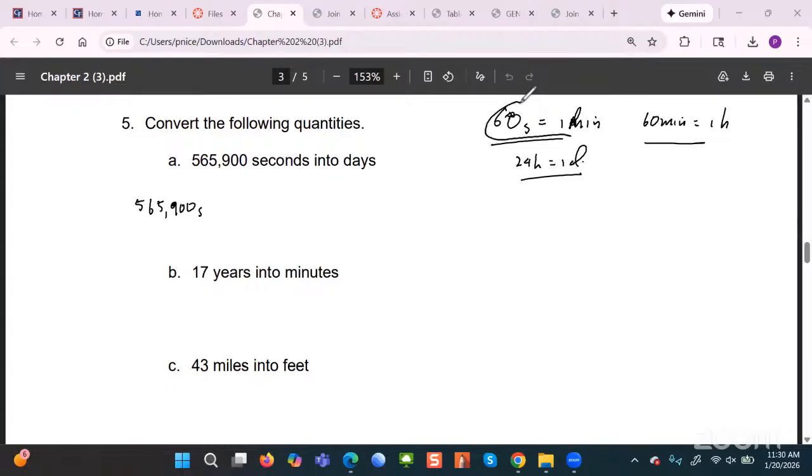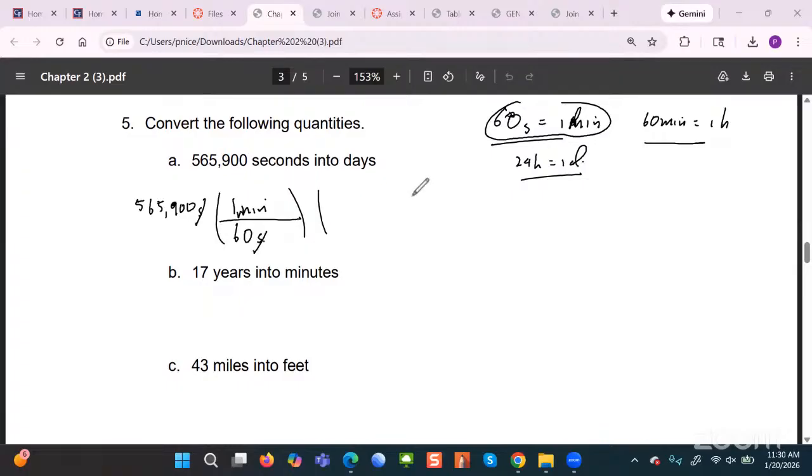So I'll be using this relationship here. So the conversion factor that I would multiply by would be where we have 60 seconds down here as the denominator and 1 minute as the numerator, all right? So the second units here and here will cancel out, all right?